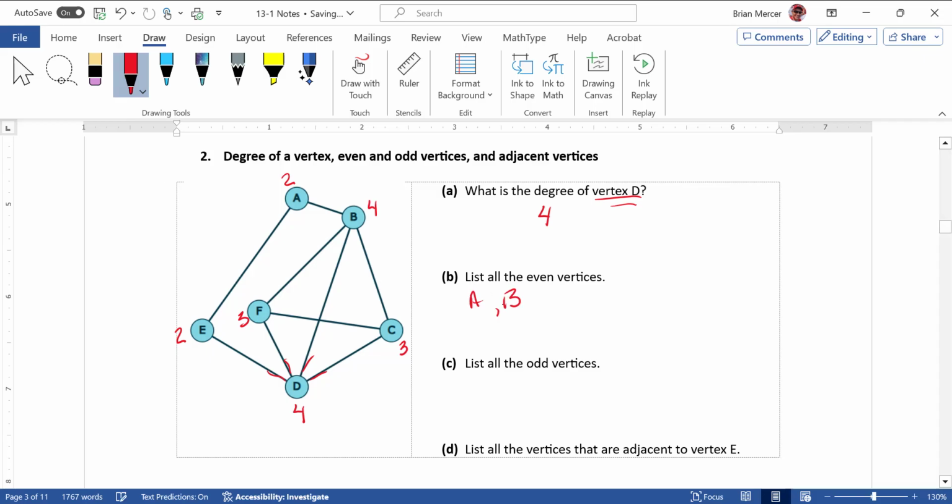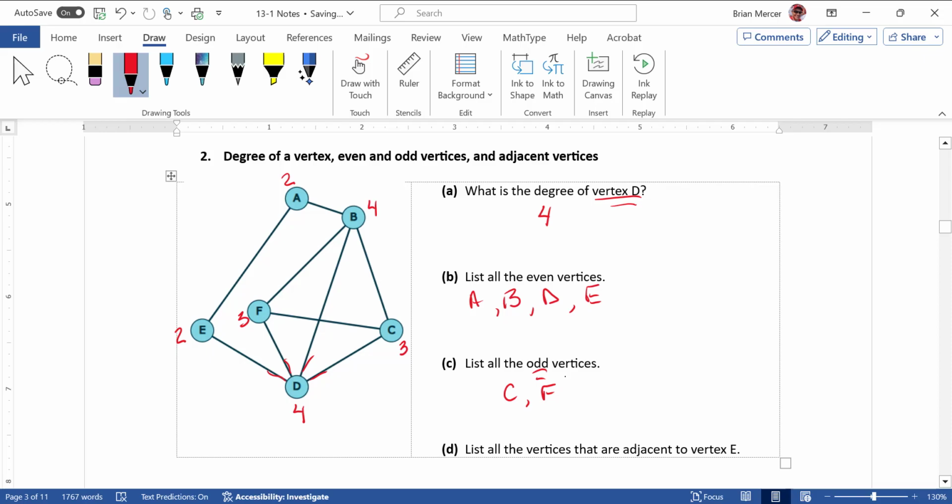B is even. D is even. And E are even. And then the odd ones would be the ones that have an odd degree. So that would be just 3, so F and C. So C and F would be considered odd vertices.